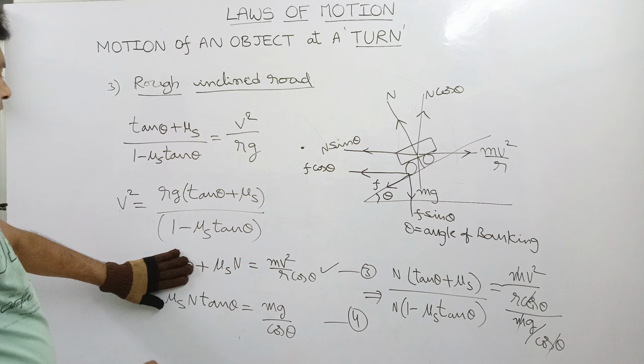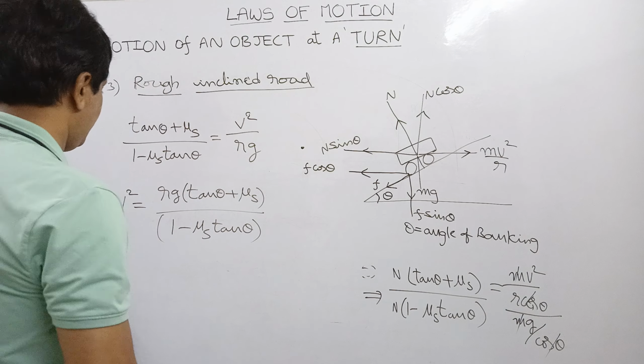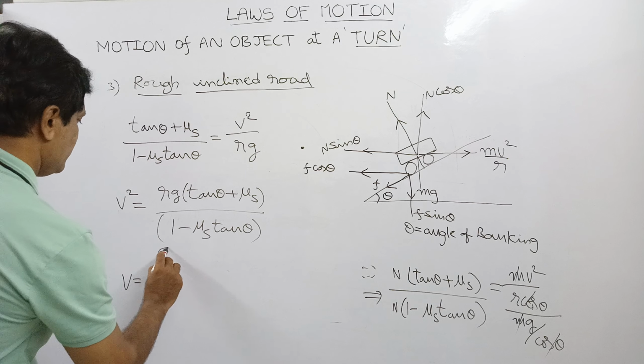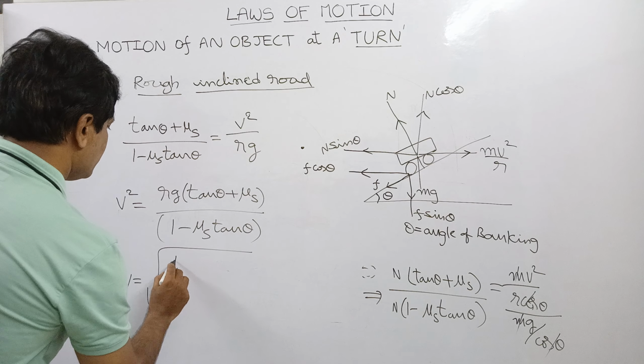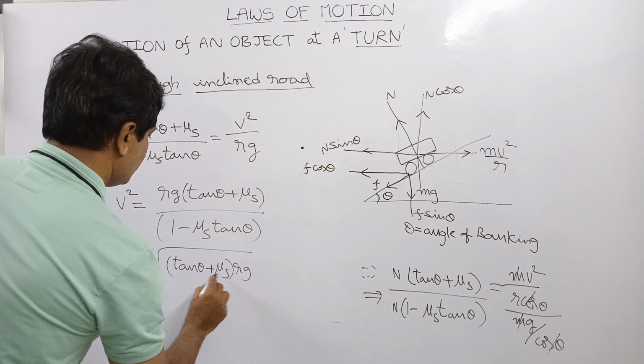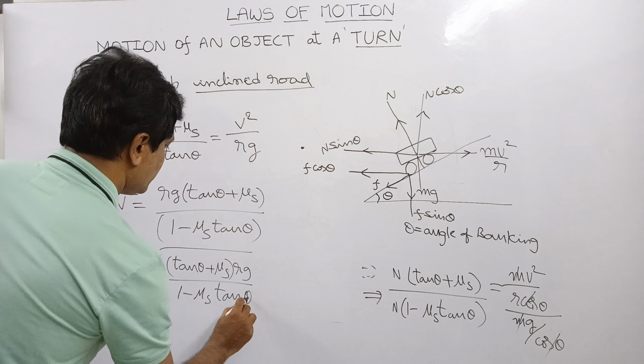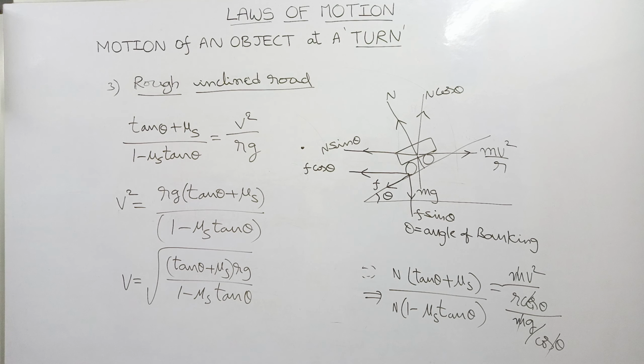So here you have got v square, so you can find v by taking the root. v is equal to root of rg into tan theta plus mu s by 1 minus mu s tan theta. So this is the equation for velocity on a rough inclined plane when the object is moving in a turn, by considering the horizontal friction, that is static friction.